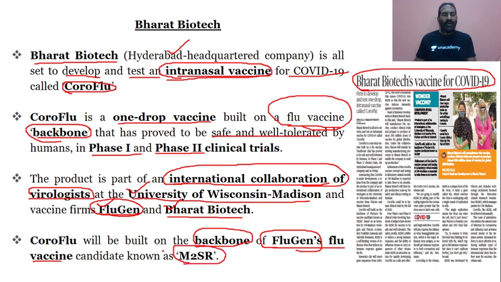So this vaccine candidate of the vaccine firm Flugen was developed earlier as M2SR, and along with Flugen, Bharat Biotech and the University of Wisconsin-Madison, in collaboration with the international virologists, have developed and tested the intranasal vaccine, that is Coroflu.